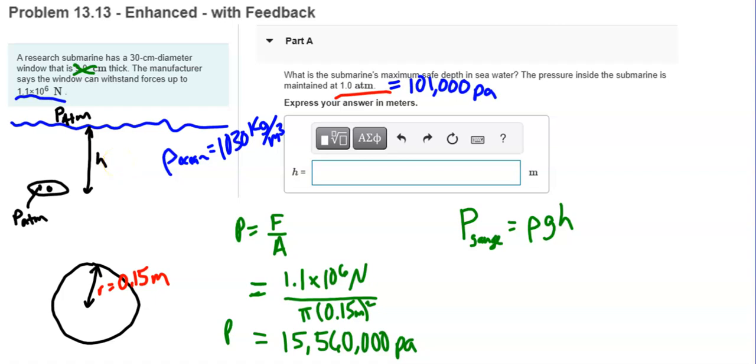So what I did before was fine. I just figured out how much pressure that window can withstand. I took the force they gave me, the 1.1 times 10 to the 6 newtons, and divided it by the area of the glass. It's a circular piece of glass, and the area of a circle is pi r squared.